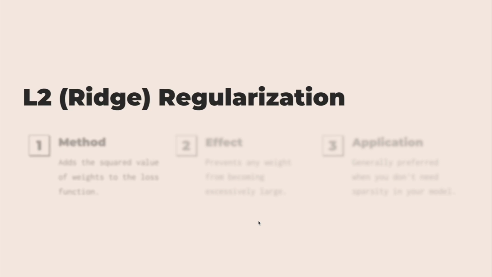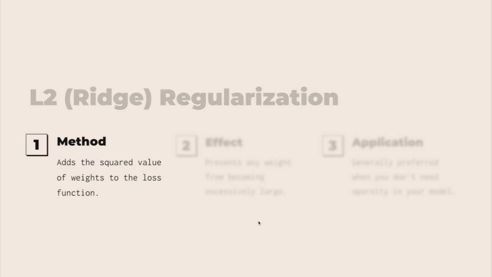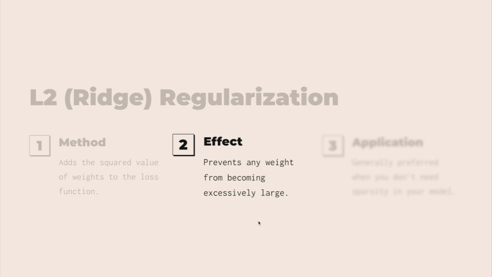So L2 regularization. This is a different equation. It adds the squared value of the weights to the loss function, but the effect is that it prevents any weight from becoming excessively large. Again, the weights represent the importance of a certain feature in the model's decision-making process, and it prevents that feature from becoming super important. It pushes the weights down so that they're more evenly distributed.